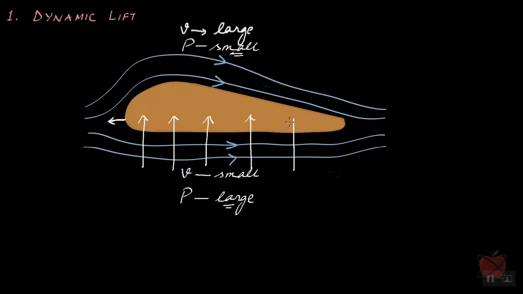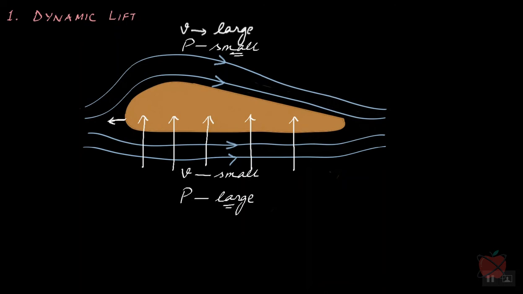Because the pressure below is large, it will push towards the smaller value pressure. So as this airplane is going forward, it gets lifted up. Okay? It gets pushed upward. Therefore, it gets lifted up. And that's how an airplane takes flight. Understand? It's basically due to the design of the wing.